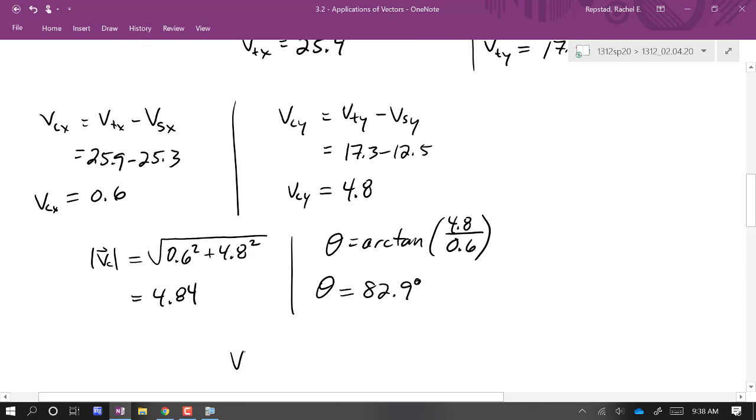So now we just have to put it together: 4.84. This is an application problem, so there's some context. We should include units: kilometers per hour at an angle of 82.9 degrees.